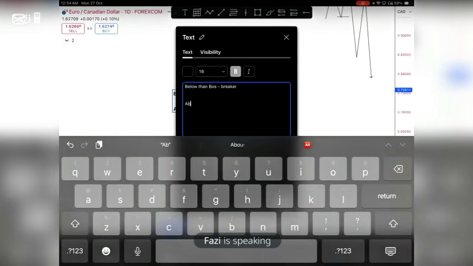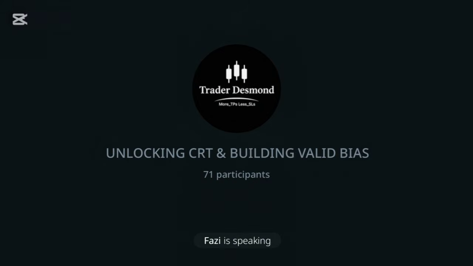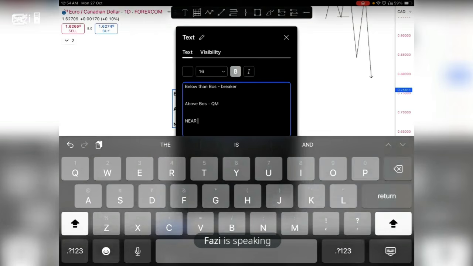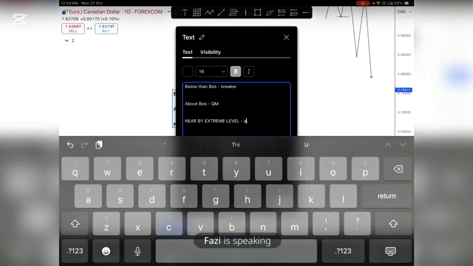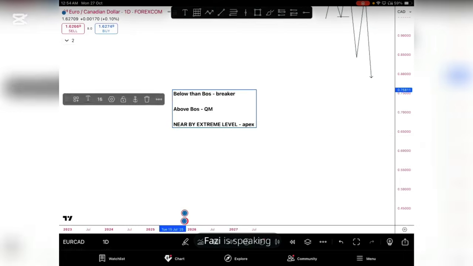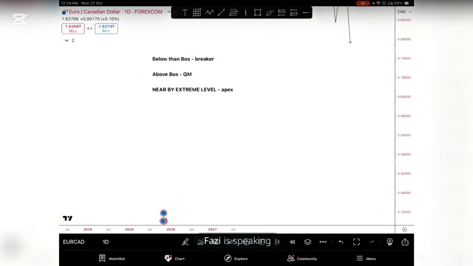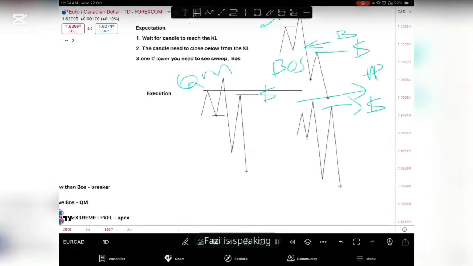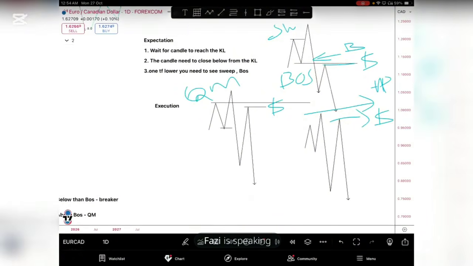Above the breakout structure, we will look for our entries on QM. If it is nearby the extreme level, we will choose our entries on the apex level. So this is the area where we need to choose our entries by this liquidity formation. Understand how to build your bias and how to choose your entries.